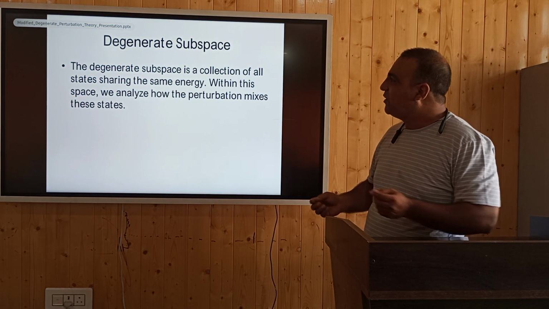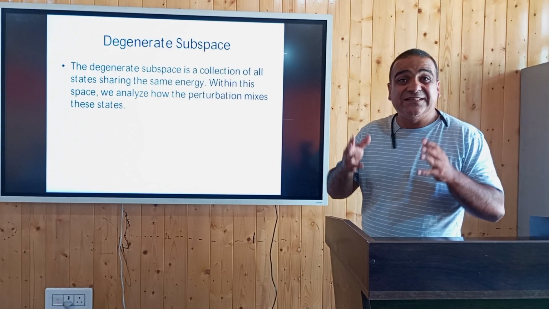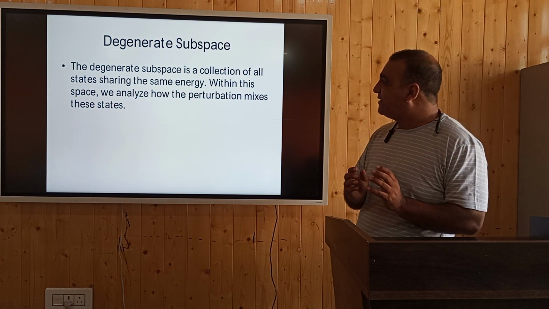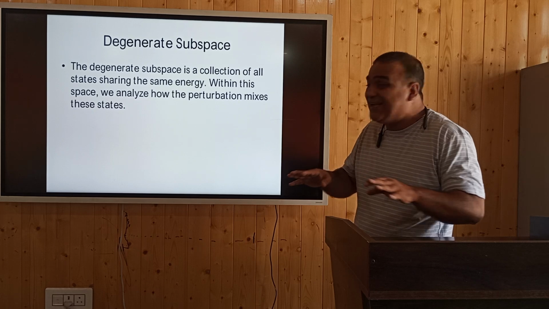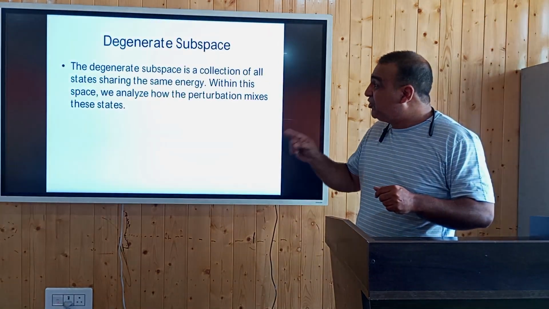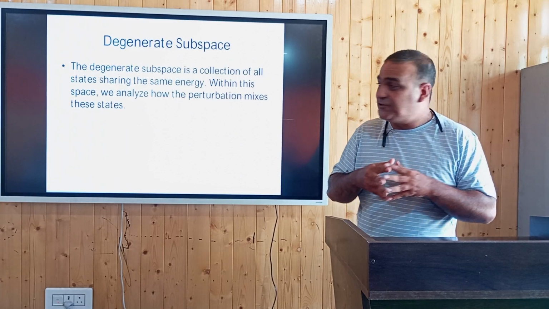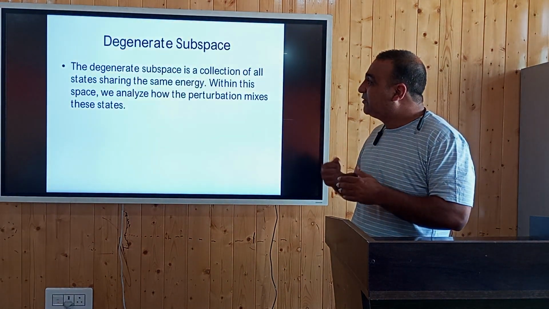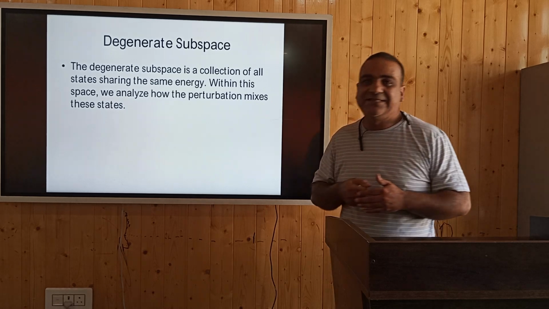So we choose a degenerate subspace. What is a degenerate subspace? It's a collection of all the states sharing the same energy. Within this space, we analyze how the perturbation mixes these states.